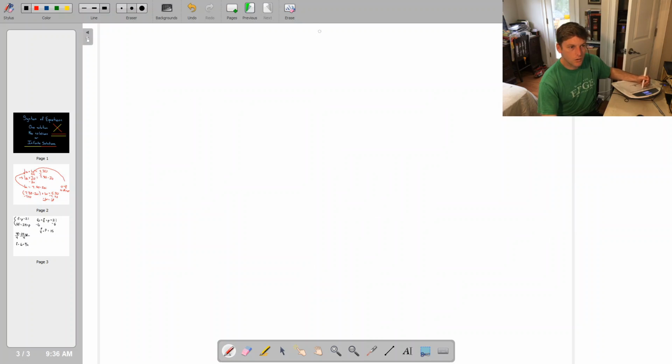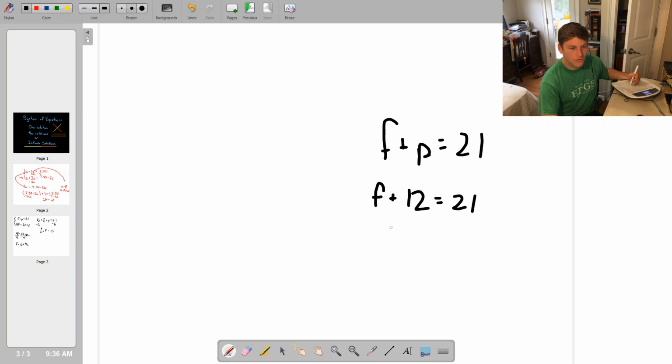So F was, we don't know, and P was 12, equals 21. We substitute that in and subtract 12 from both sides. All right, it's getting fun, isn't it? And then that'll leave us with F equals 9, right?